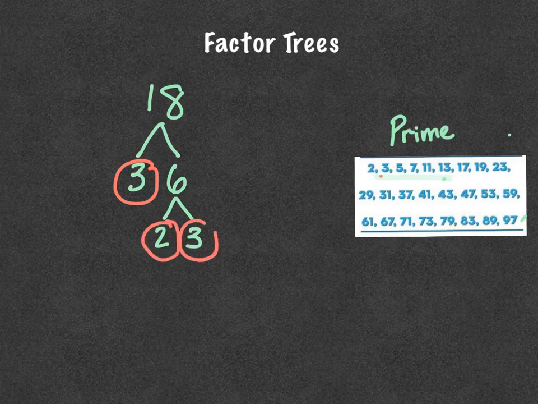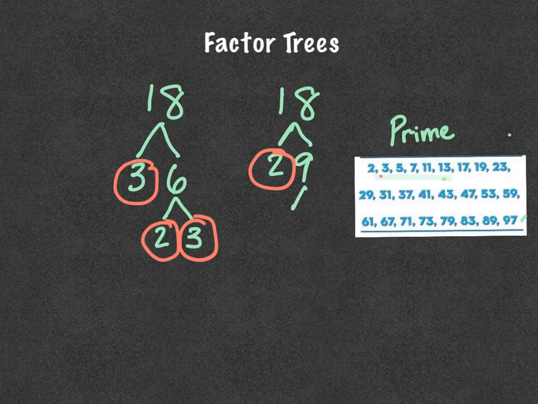So 2 and 3 are both prime, so that's the end of our factor tree. Okay, let's do another version of 18, because we could do 2 times 9, right? 2 is prime, 9 is not. I could do 3 times 3, and then both of these 3's are going to be prime.